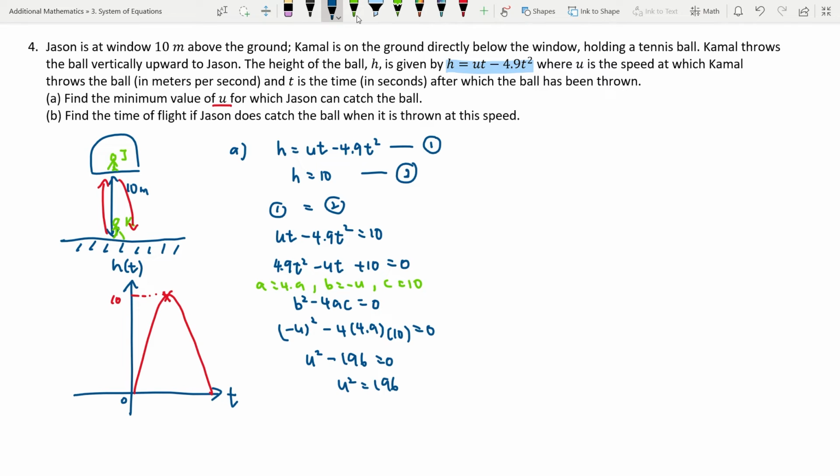We square root both sides. u = ±√196, and u = ±14. In this case, we will take the positive value for u. Hence, the complete equation for our h will be 14t - 4.9t².